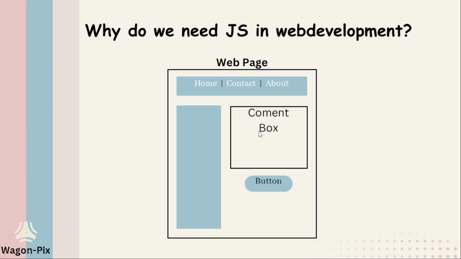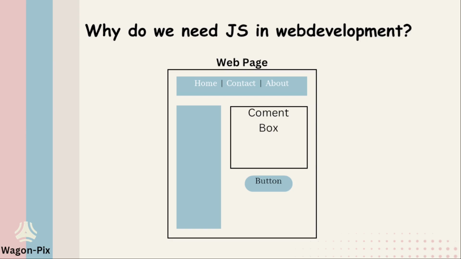That has to be covered in JavaScript. So whenever you want to implement some logic in your web page, or perform an action where a logical task is required, you will need JavaScript.